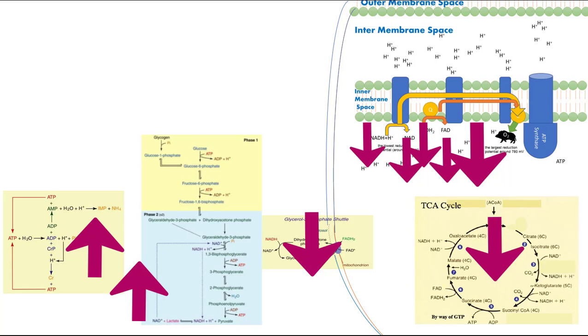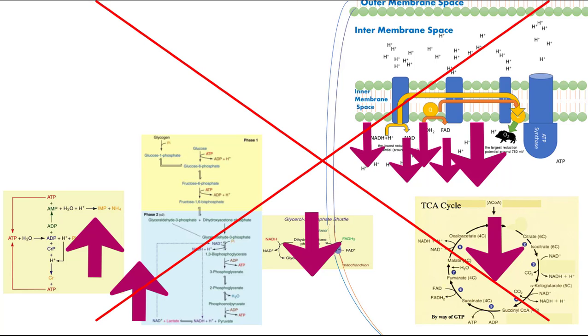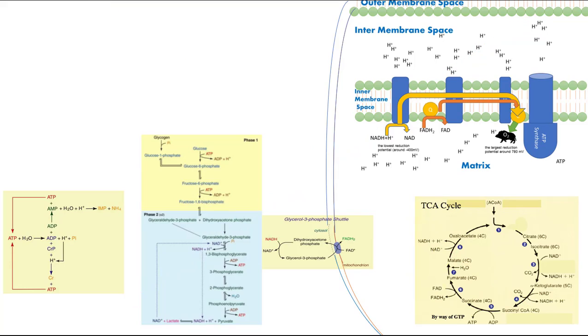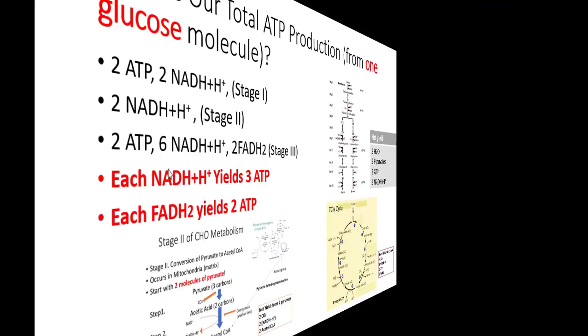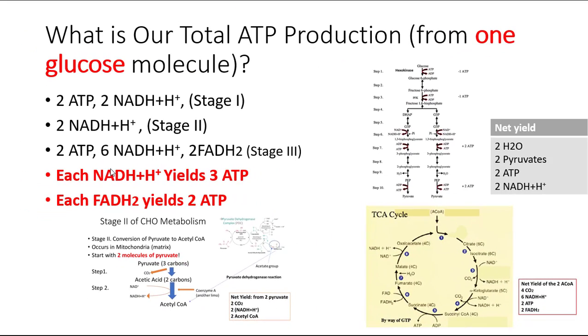Obviously, inadequate oxygen supply for too long would cause cell and organism death due to the inability to regenerate adequate cellular ATP.